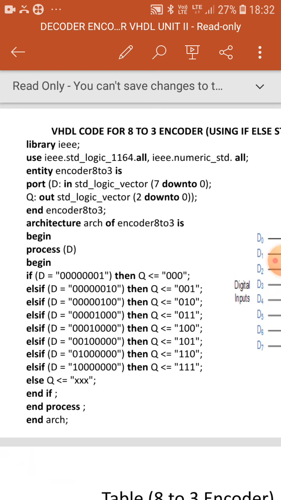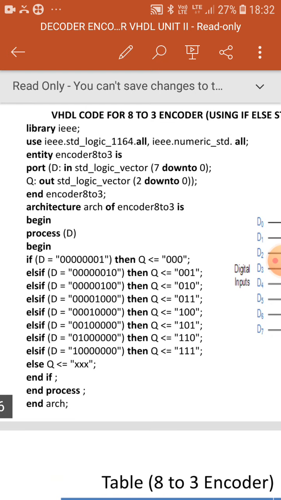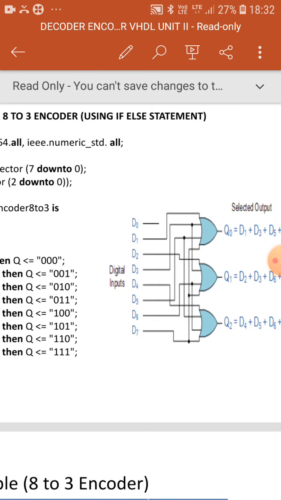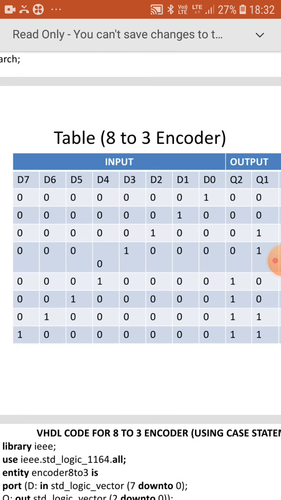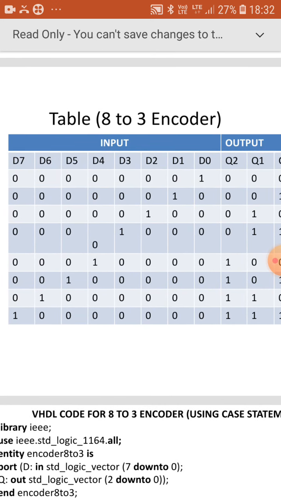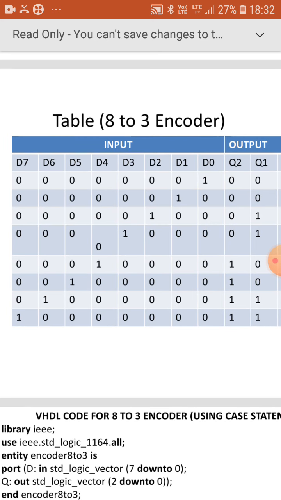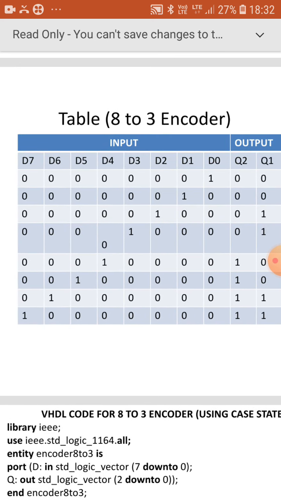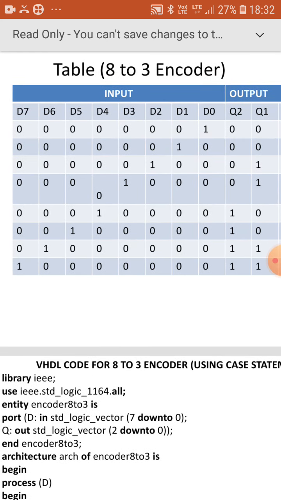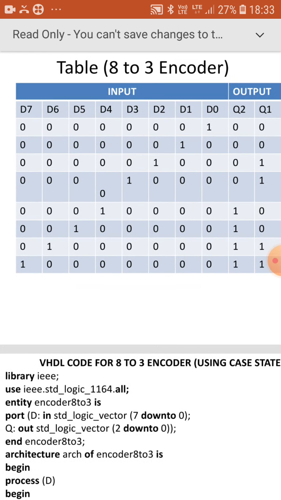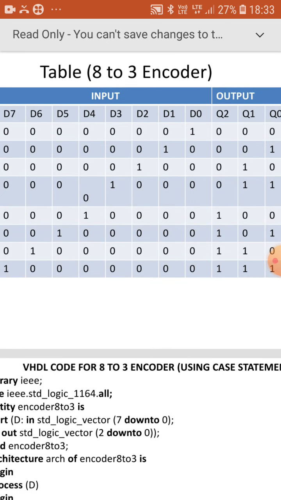This is the VHDL program for the 8 to 3 encoder. D is the input, Q is the output. Next, you see the table here. Q2 is 1 when D4 is equal to 1 or D5 is equal to 1 or D6 is equal to 1 or D7 is equal to 1.